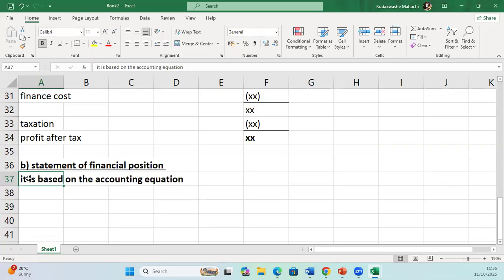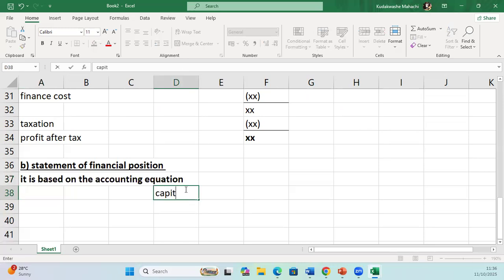So what does the accounting equation say? The accounting equation says that equity or capital is equal to assets minus liabilities.